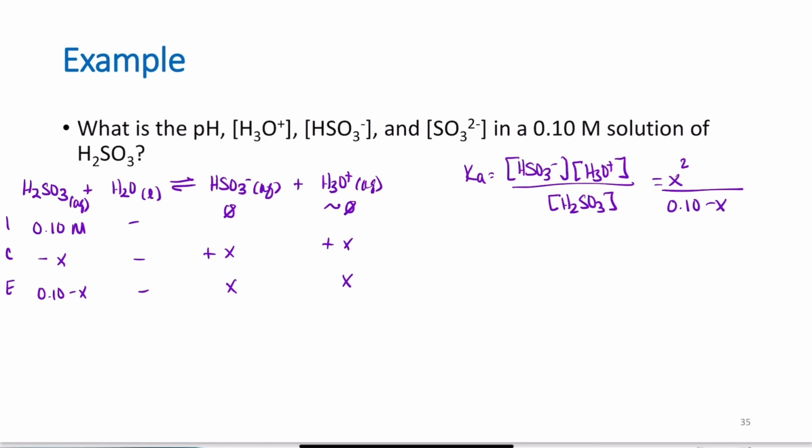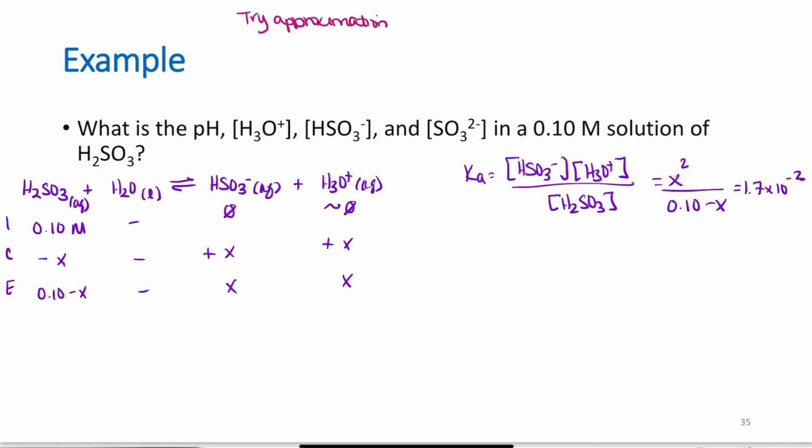And my Ka for this is pretty big, so I probably cannot follow my assumption. This equals 1.7 times 10 to the minus 2. Let's try the approximation quickly and check the 5% rule, but we're probably going to have to use the quadratic.